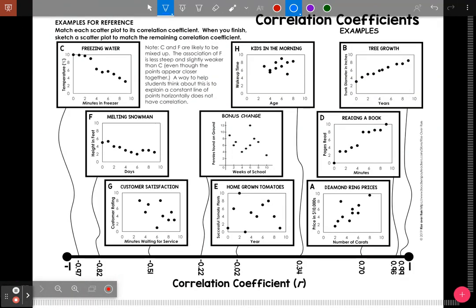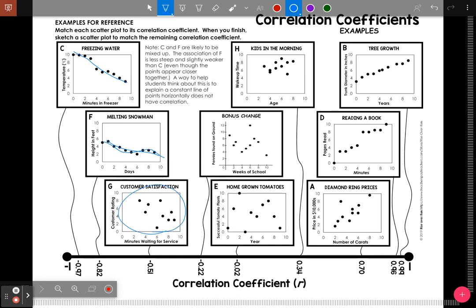So you should have put them in order like this. At -0.97, you get these dots that are going in the negative, pretty close to a straight line. -0.82. This one still goes in a negative direction. They're not as close together. This one more spread out.